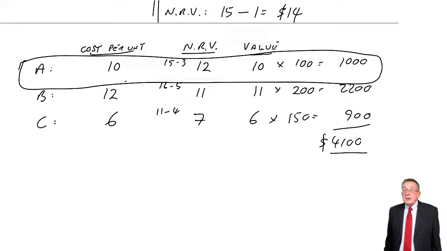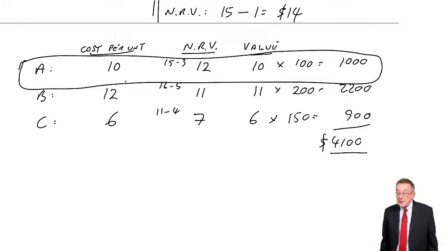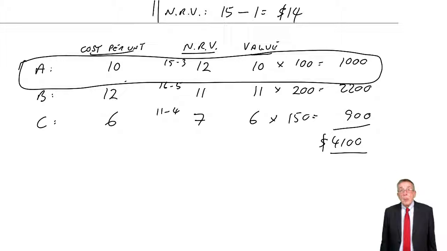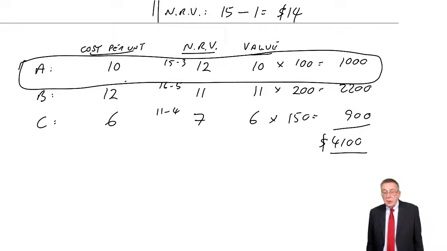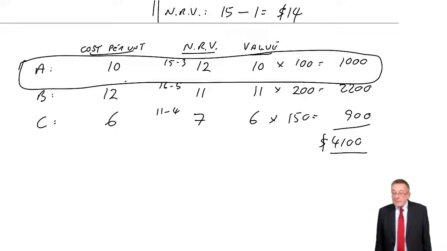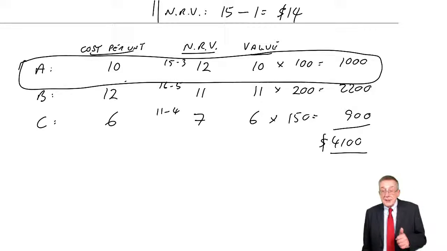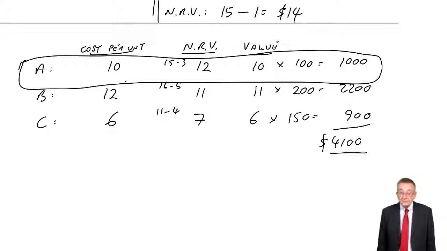Suppose 99 of them were fine, cost 10, net realisable value 12, fine, those 99 will be valued at 10. But if the other one was damaged and its net realisable value was only 6, that one unit would be valued at 6, even though the other 99 would be valued at 10.